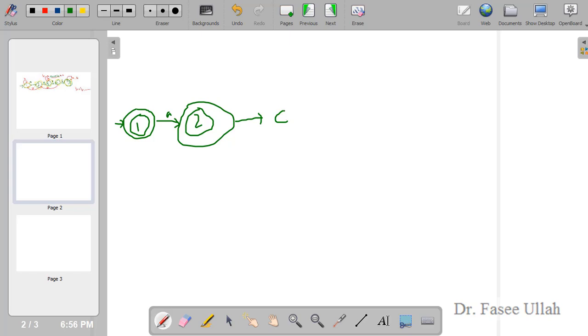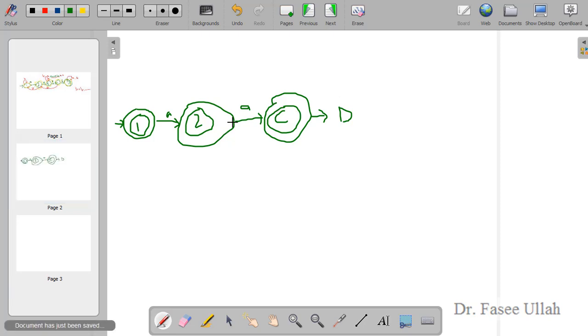C is the final state, and the transition over here is A, if we know from the previous question pattern. This is D. Sorry, it could be 1, 2, 3, and you can see C, D. It's up to you. C, D, and over here, this was the final in the previous example, so this would be the initial one.